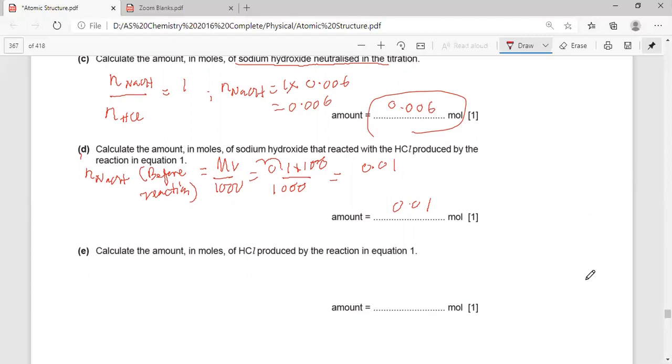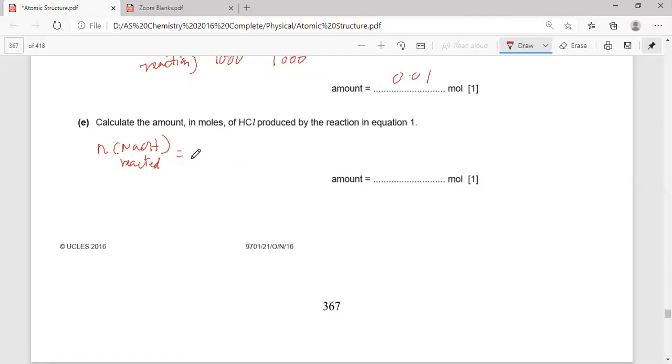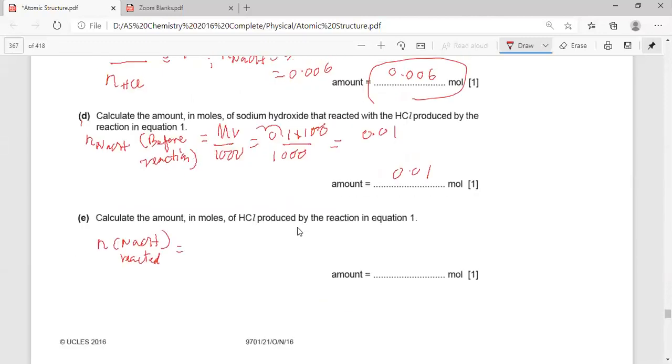So the number of moles of NaOH reacted with HCl equals before, 0.01, minus after reaction, 0.006. How much is it? 0.004, right?